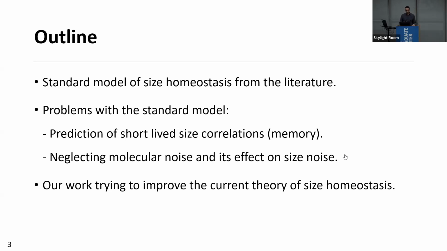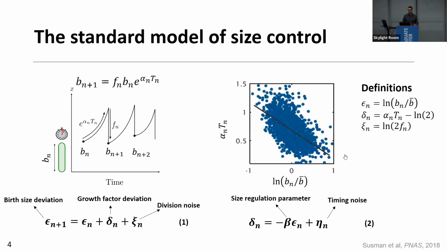So to start with the model that's currently used widely in the literature, it is based on two observations. The first one is the observation about the exponential growth of bacteria.